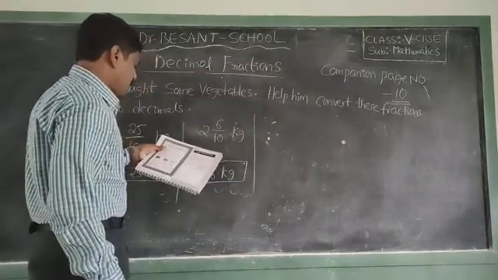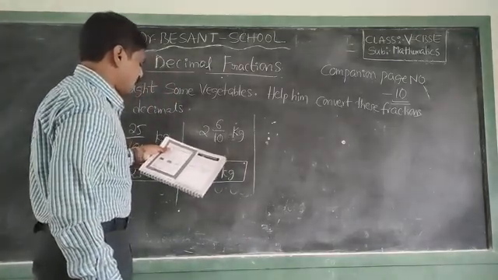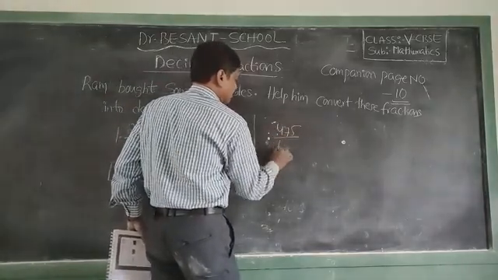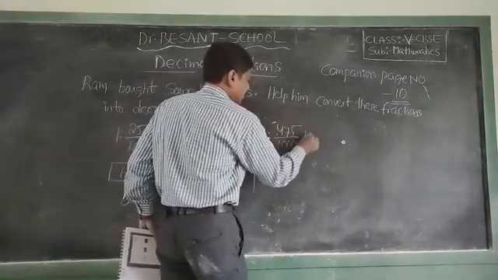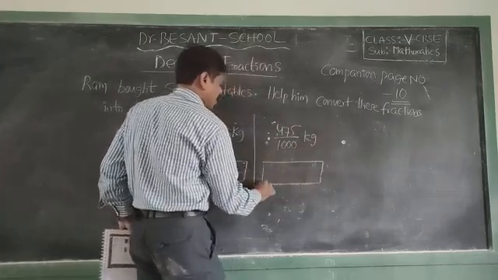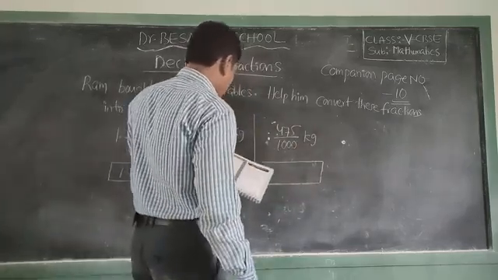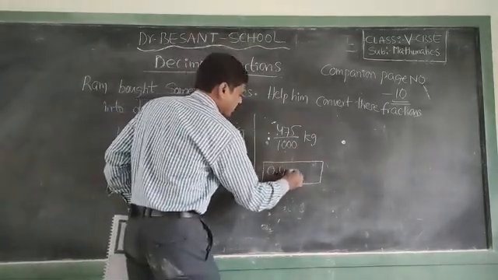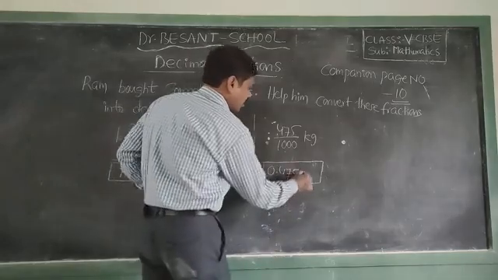Next, 475 by 1000 kg. That is equal to 0.475 kilograms.